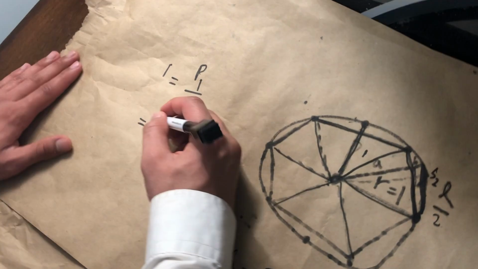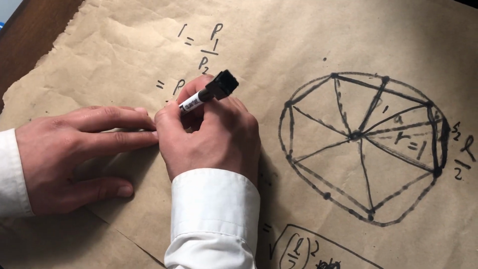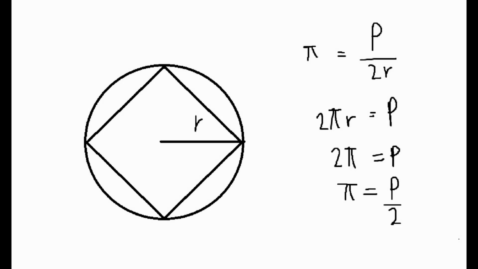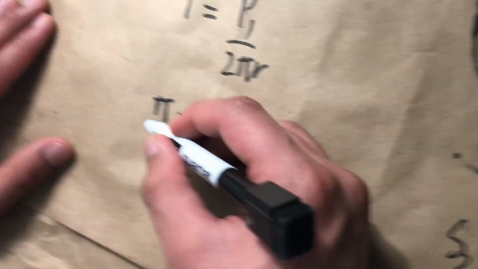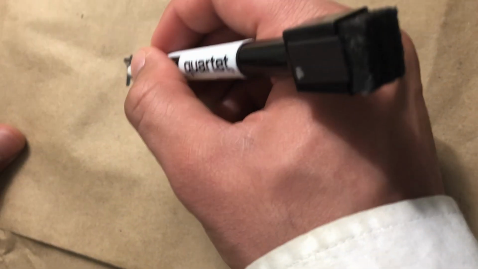So in this case, we can just rearrange like this, given that we already know that's equal to 2 pi r. Rearrange again. We get something that looks like this. There you go.